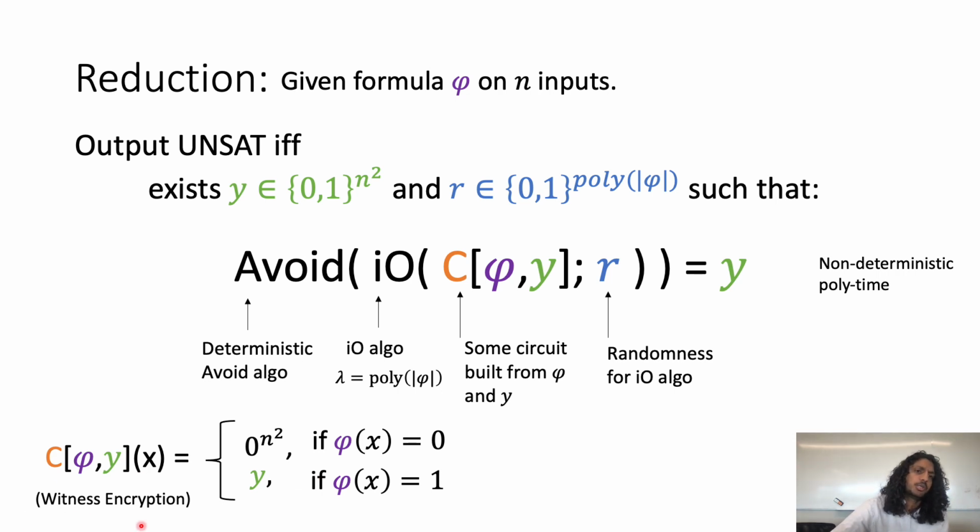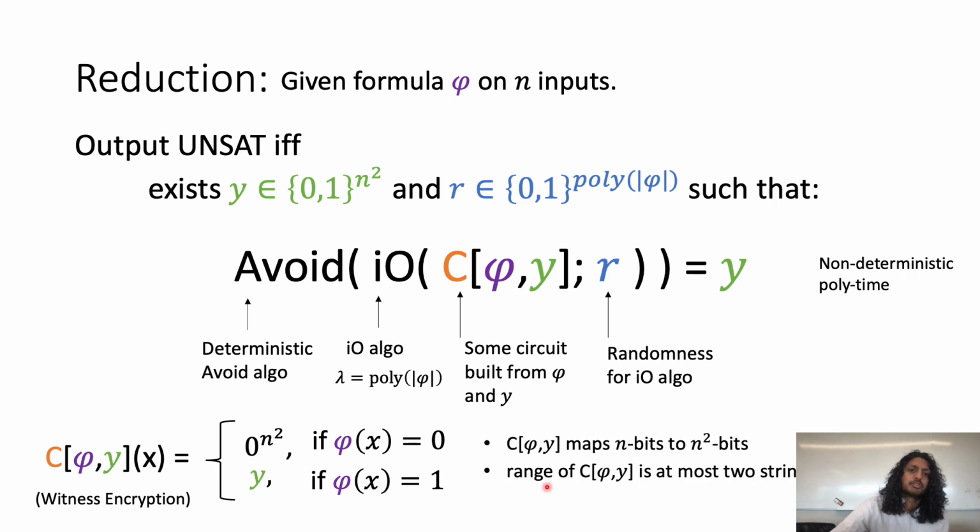And if you're familiar with witness encryption, this kind of corresponds to witness encryption when you plug it into iO. Don't worry about that if you are not familiar with that. And so two points about this circuit. It maps n bits to n squared bits, basically by construction, so it's a valid input to Avoid, and also its range is actually really small. There's actually only two things in its range, all zeros and y.